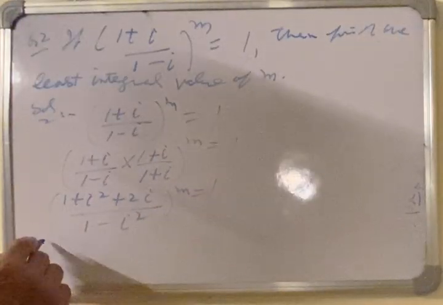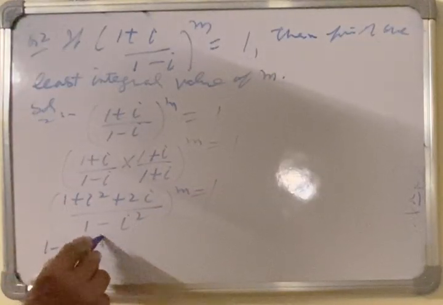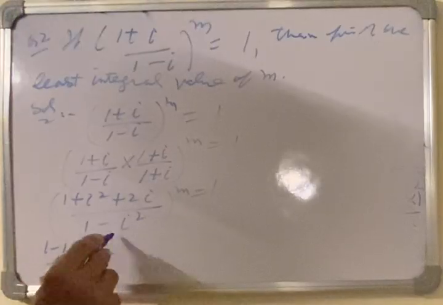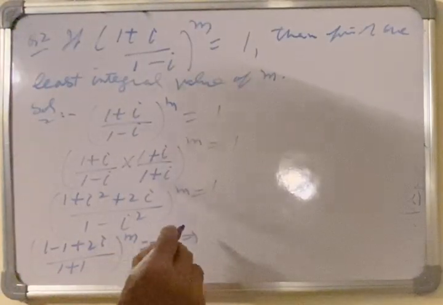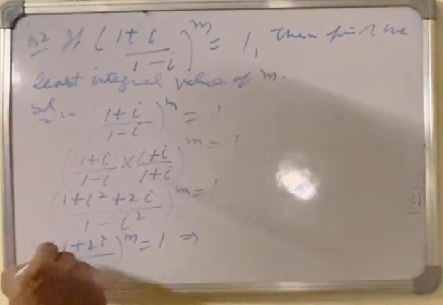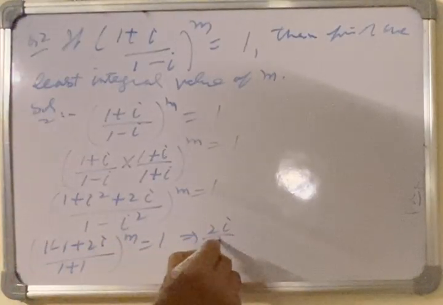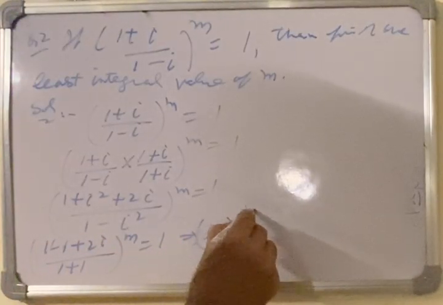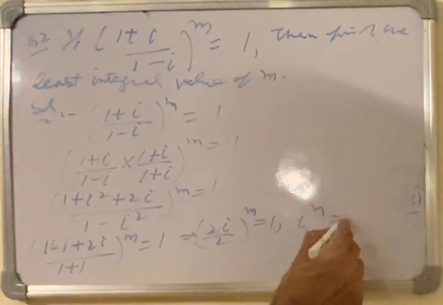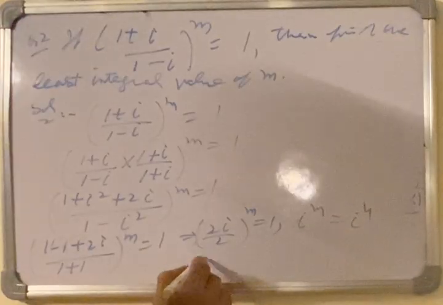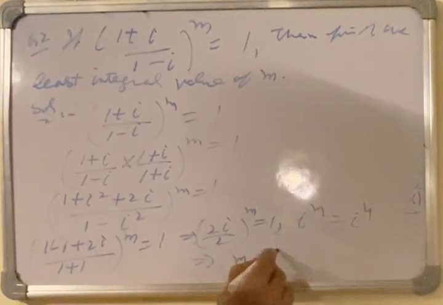So this gives (1 minus 1 plus 2 iota) over (1 plus 1) raised to power n is 1. It implies (2 iota over 2) raised to power n is 1. Iota raised to power n is equal to iota raised to power 4. Therefore n is equal to 4.